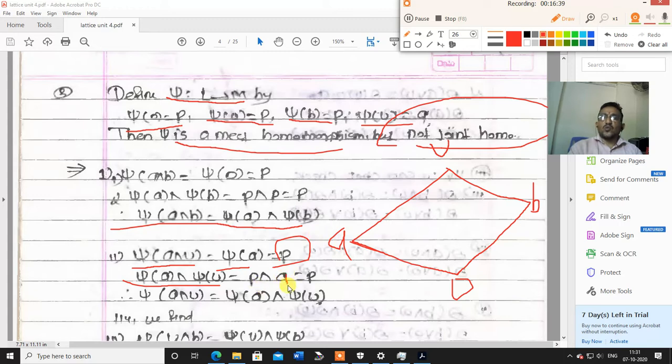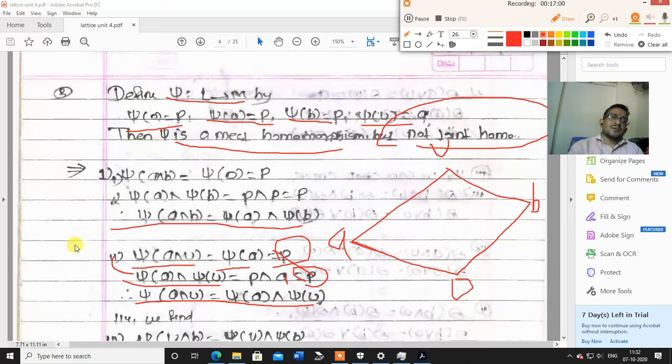And what is p meet q? We saw the diagram of lattice M, we get p meet q is equal to p. Therefore these two are equal. Therefore if the RHS is equal, we consider the LHS also equal. Therefore psi of a meet u is equal to psi of a meet psi of u.